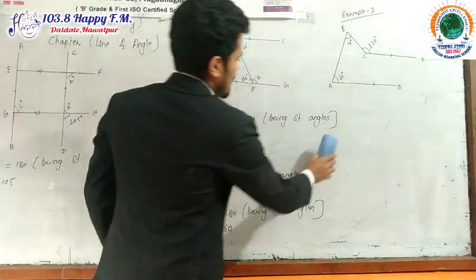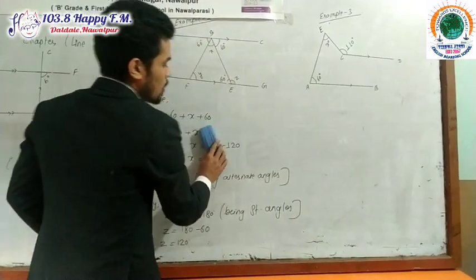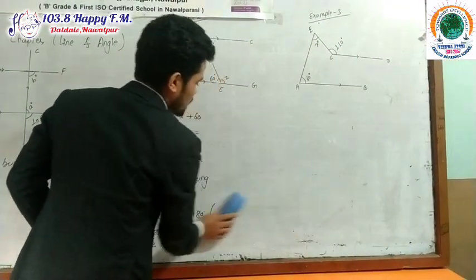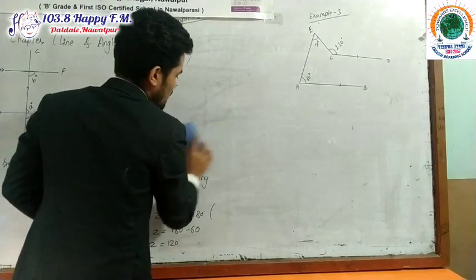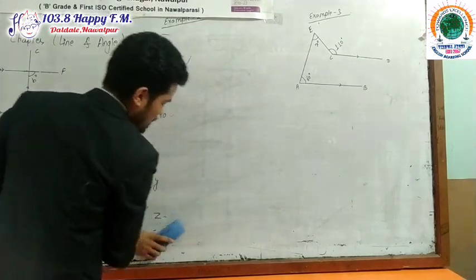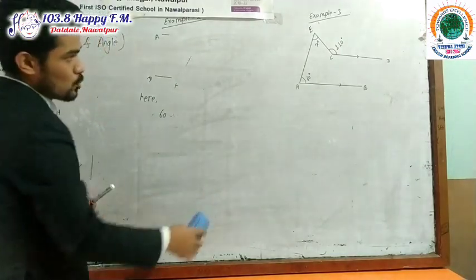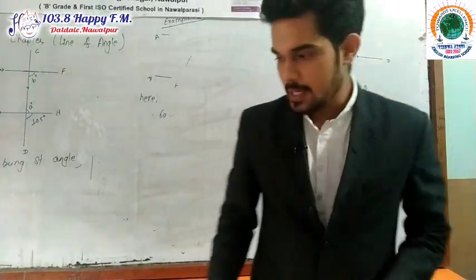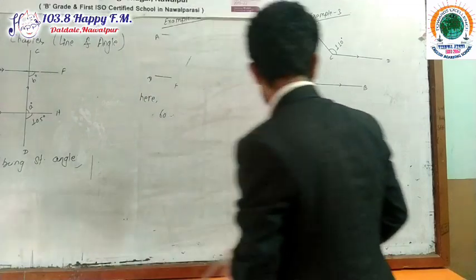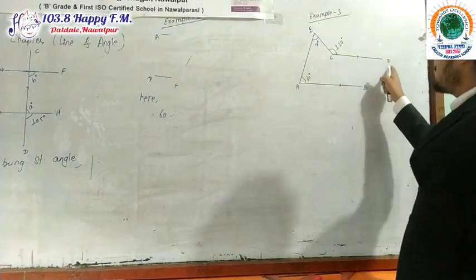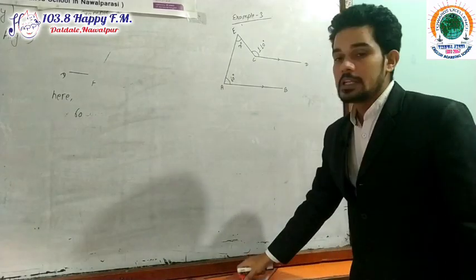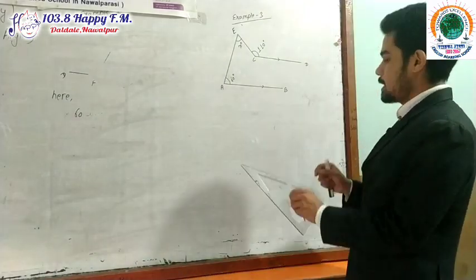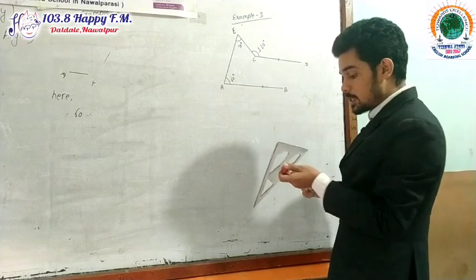Okay, finally now let us see example number 3, the last one from this straight line and angle. Example number 3. In this example also you can see two parallel lines here, CD and AB are two parallel lines. If needed in geometry, we can draw an imaginary line.